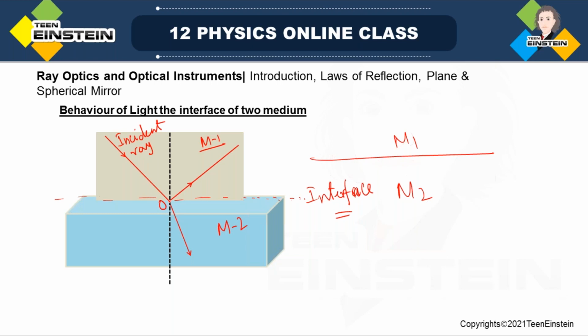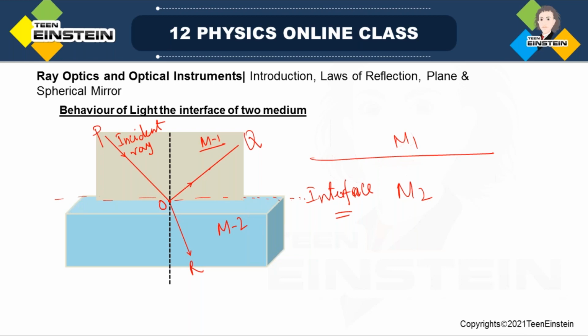When a light ray comes and is incident at the interface, there are three things that happen. One is a part of the light goes back to the first medium itself. So this is the ray. Suppose this is PO, and this is Q suppose, and this is R.